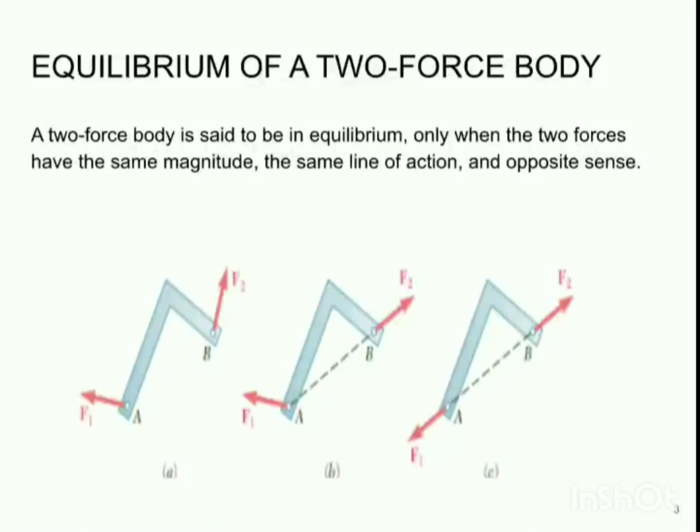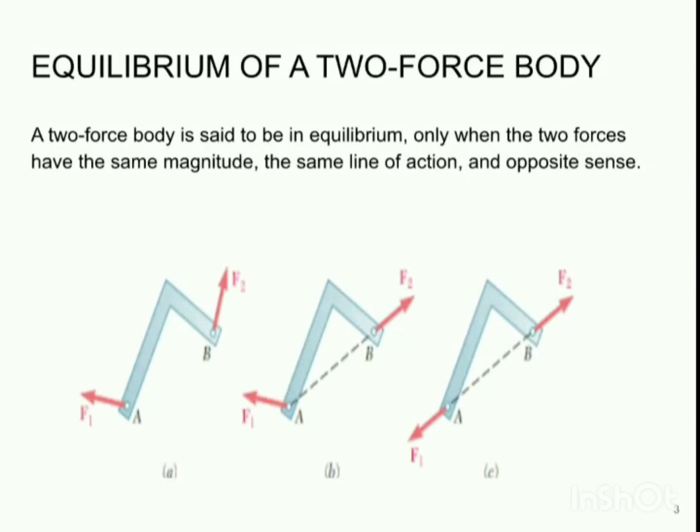So for this body to be in equilibrium, both the forces should have same magnitude, same line of action, but opposite sense. We can also prove it by calculating the moment about point B, and in the same way we will get the answer that both these forces should have same magnitude, the same line of action and opposite sense.